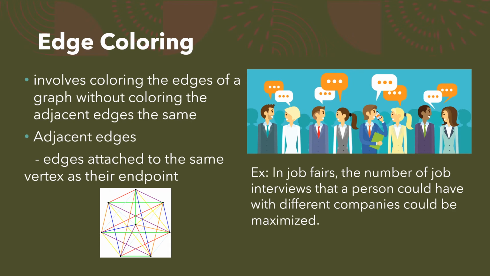Vertices would then represent the companies and the people job hunting, while edges would be drawn between a person and the company that the person wants to be interviewed. The lowest number of time slots needed, so that everyone would have the chance to be interviewed by every company they want, can then be determined through the edge chromatic number, which represents the different time slots.